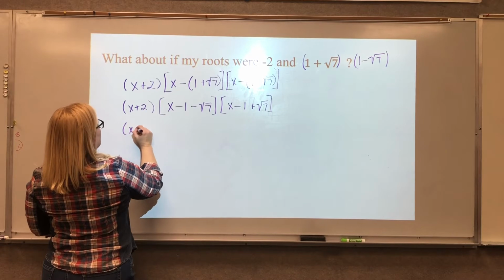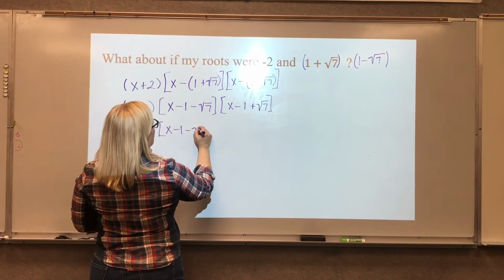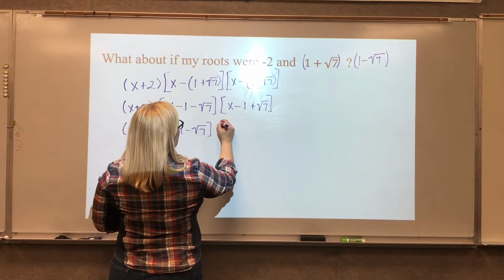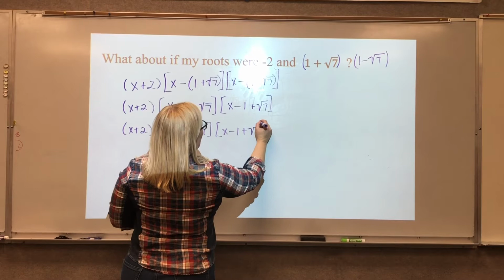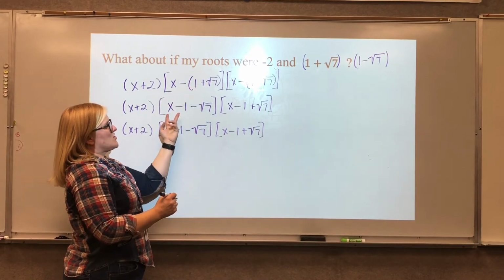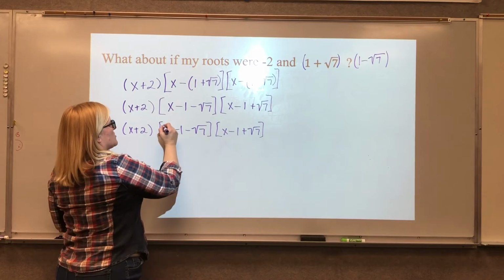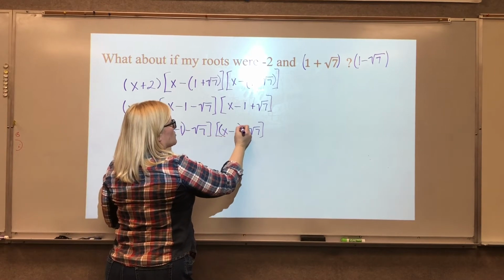I'm going to rewrite this here because I'm going to do something to it. So I've just got these long things here. And what I'm going to do, see how these are in parentheses? I'm just going to switch the parentheses over.